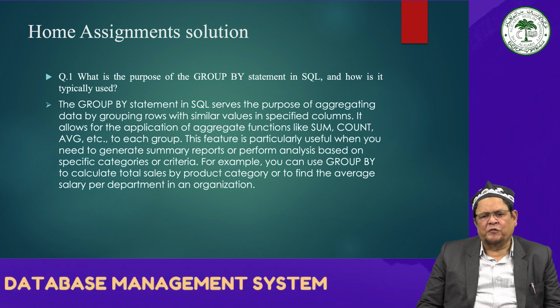serves the purpose of aggregating data by grouping rows with similar values in specified columns. It allows for the application of aggregate functions like sum, count, average, etc. to each group.